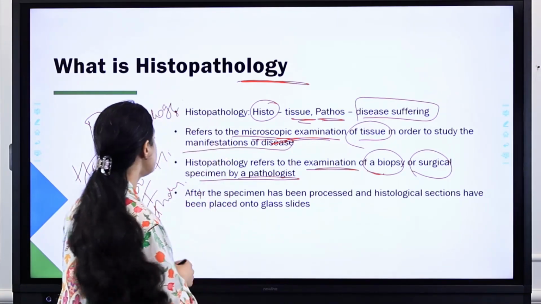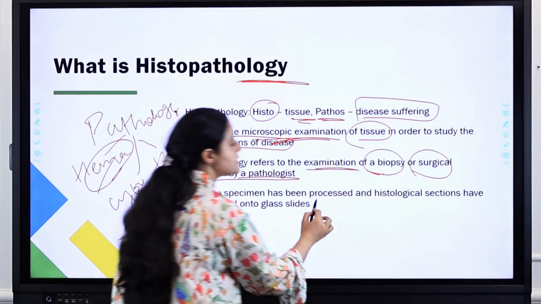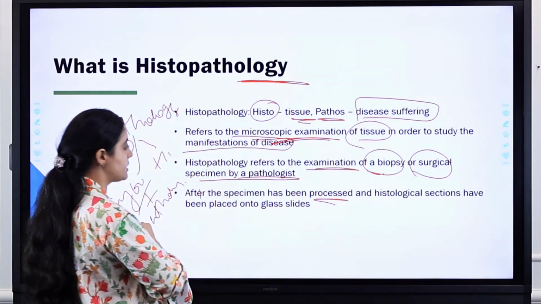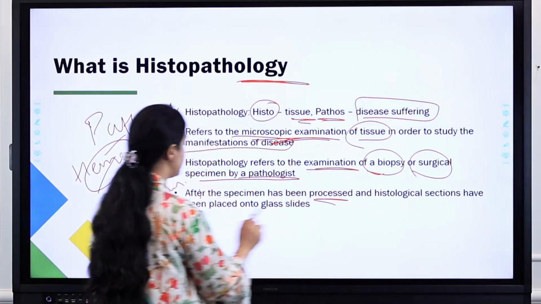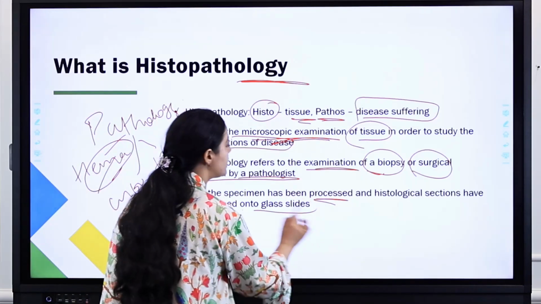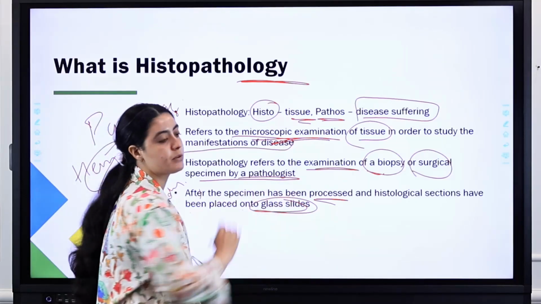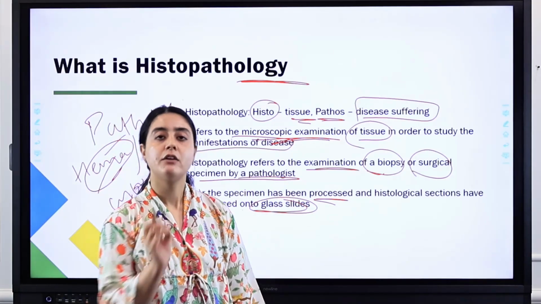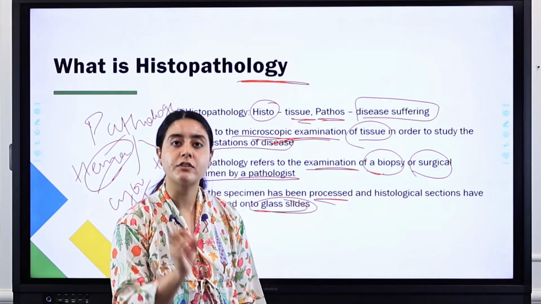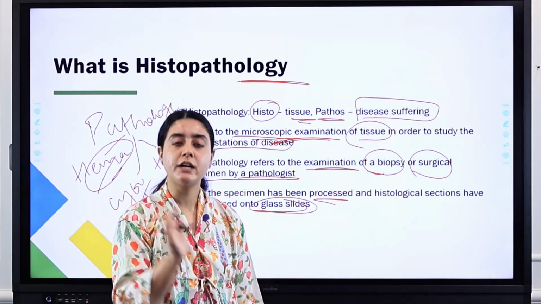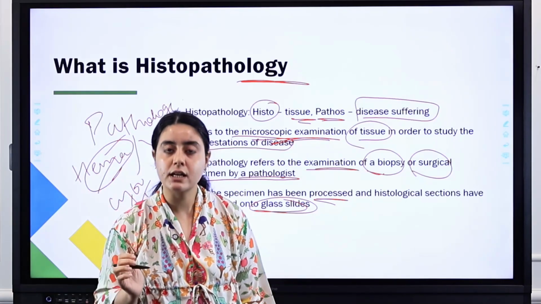After the specimen has been processed into histopathological sections, the sections are placed onto glass slides. First we receive the specimen, we process it, and after that we make the slide so that we can continue with our staining procedures.